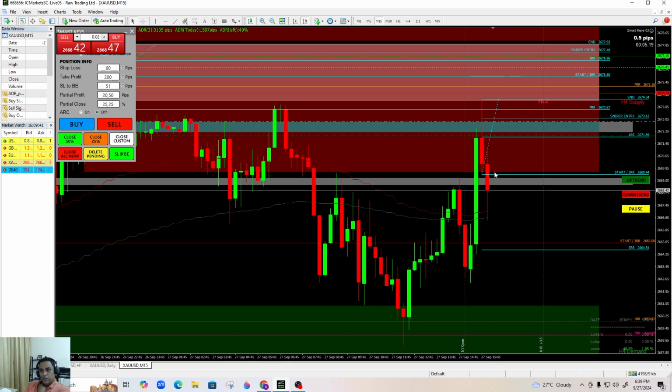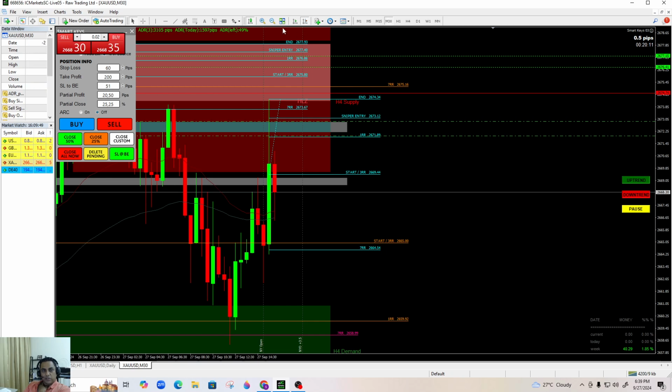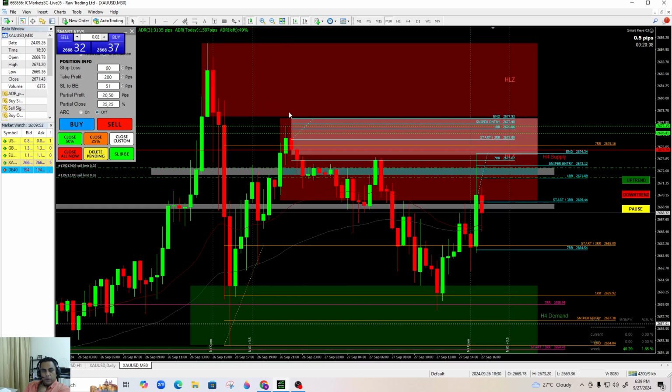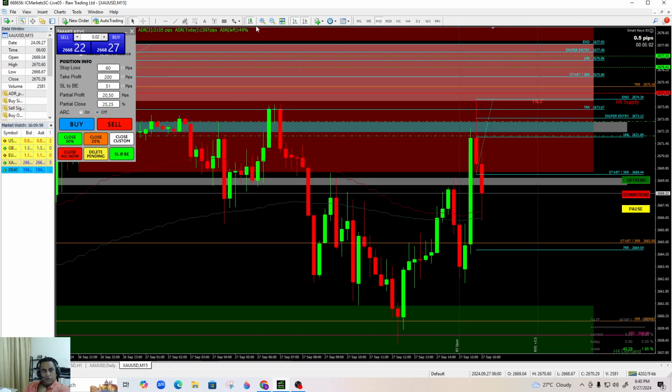But let's see. It's got 5 minutes for this candle to close. The next one should break the high. So what's happening is, we have resistance here, right? Above this, let's go on the 15-minute.